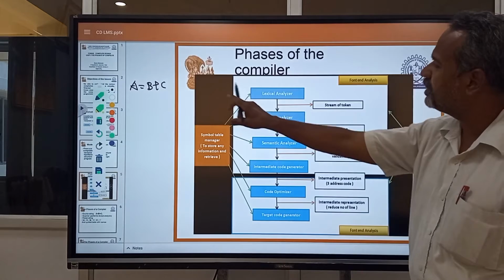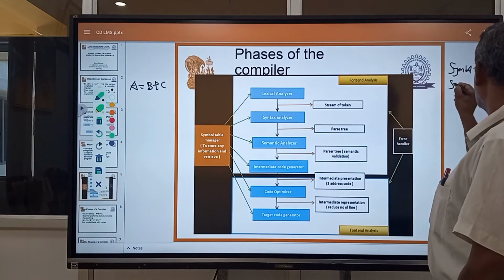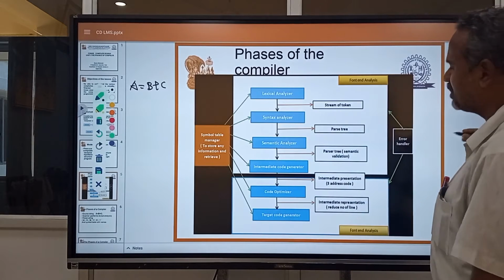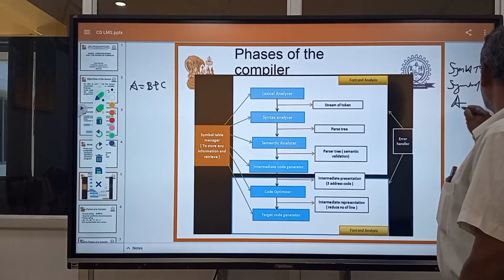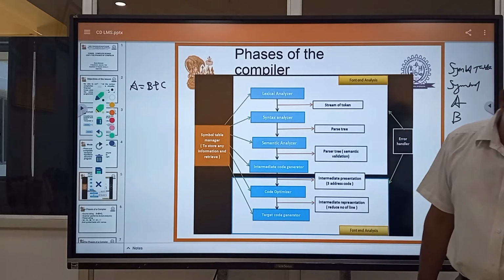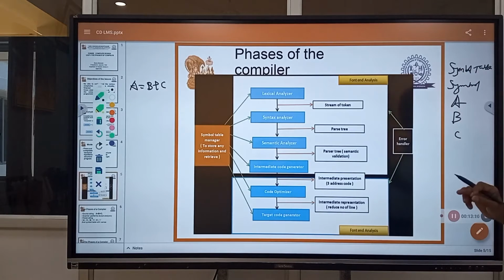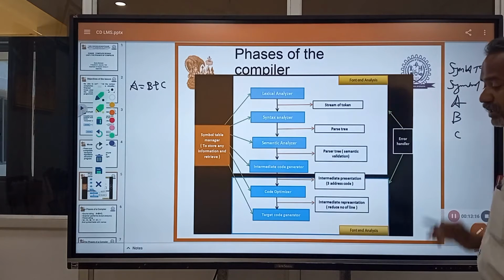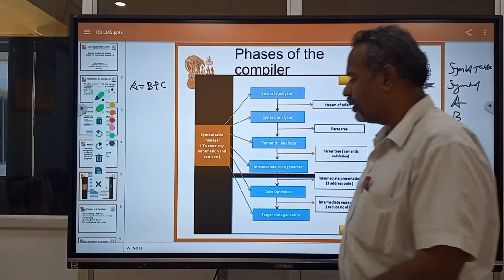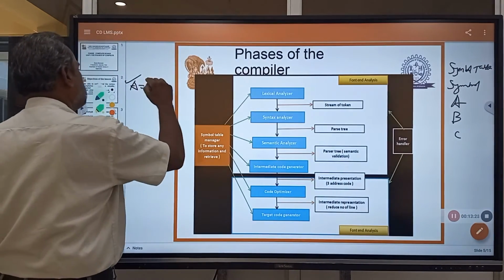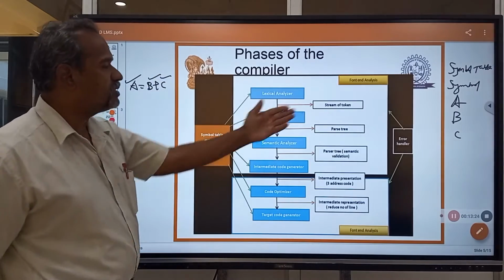The operators and other things are already available, so they are not needed. A, B and C are unknown to your computer or to the compiler, so they will be put into the symbol table. The new symbols are A, B, C. So it generated three tokens, A, B and C, and stored them in the symbol table.